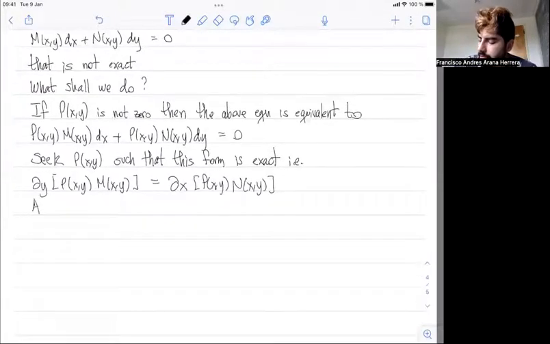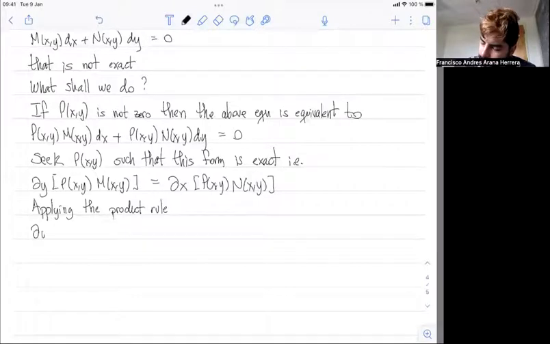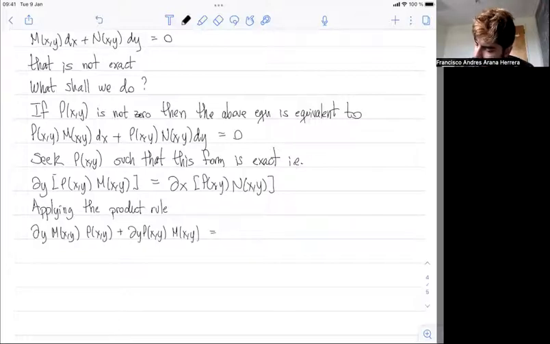Applying the product rule, we'll get partial y of M times rho plus partial y of rho times M equals partial x of N times rho plus partial x of rho times N.